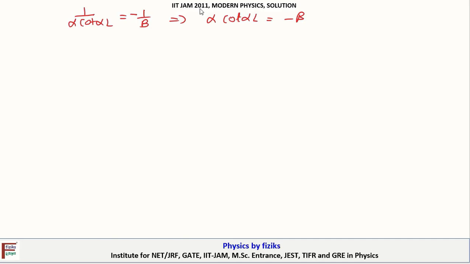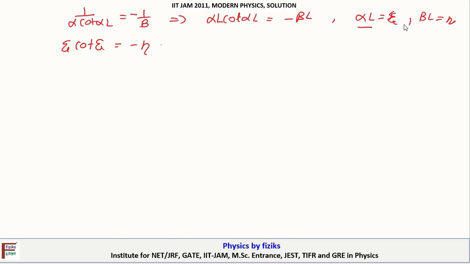We can multiply it with L, so we would have alpha L cot alpha L equals minus beta L. Now taking alpha L equals xi and beta L equals eta, we would have it as xi cot xi equals minus eta.